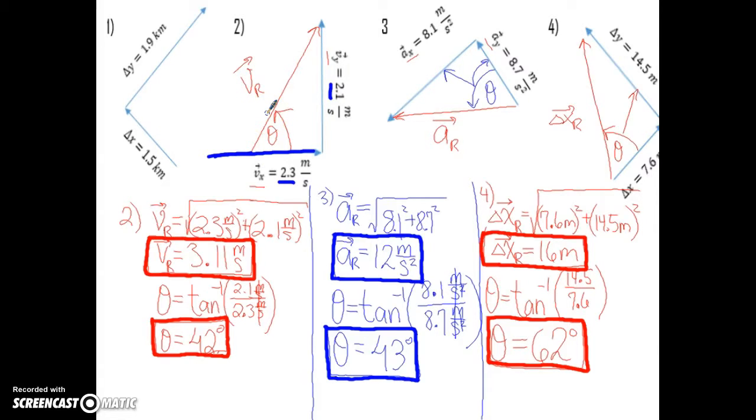Same thing here. This one should be longer. Actually, that's right. No, that also should be smaller than 45 degrees because the opposite is indeed smaller. But this one makes more sense over here. We have 62 degrees, and the opposite is bigger, so it's larger than 45 degrees.